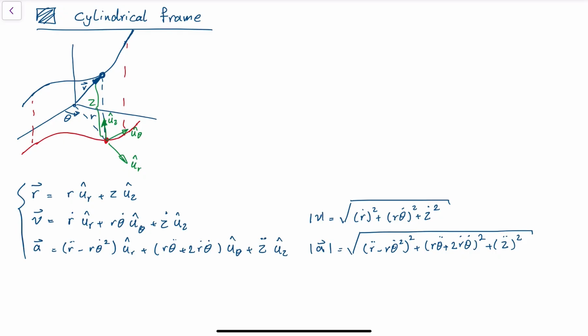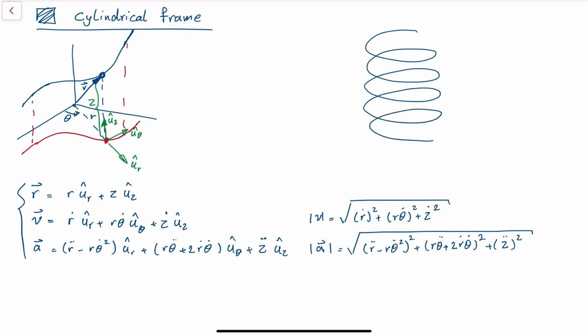Let me draw it. This problem is extremely well suited if you have such a motion. There is a rotation and a vertical or third dimension component added to it.